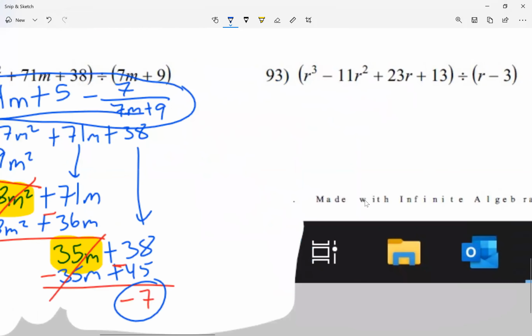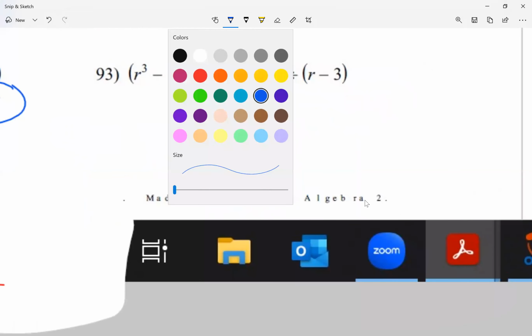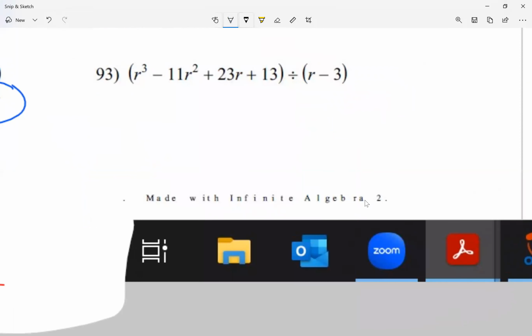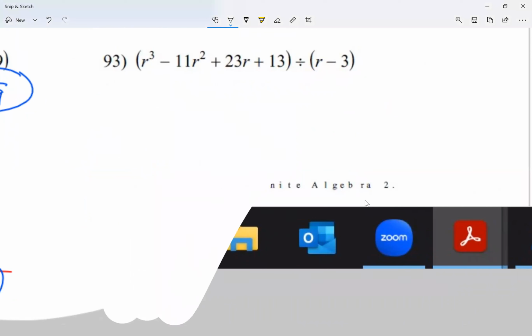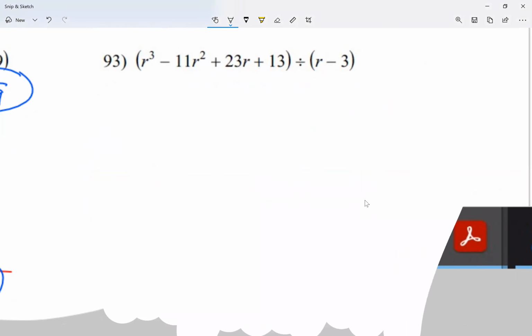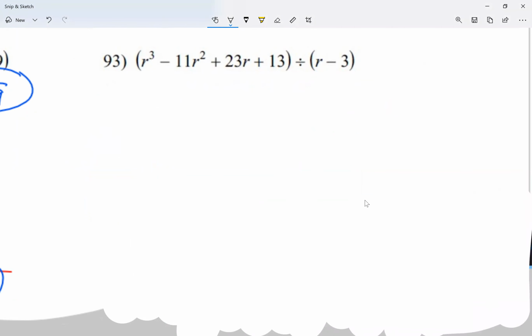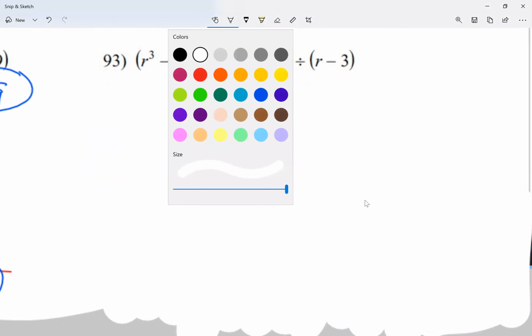Now, when the number that I'm dividing by, my second polynomial, my second parentheses, has a 1 as the number for the letter, like in our case, we can use what we call synthetic division.